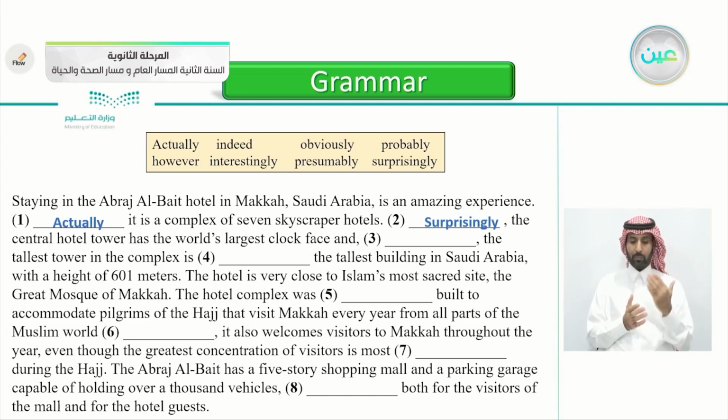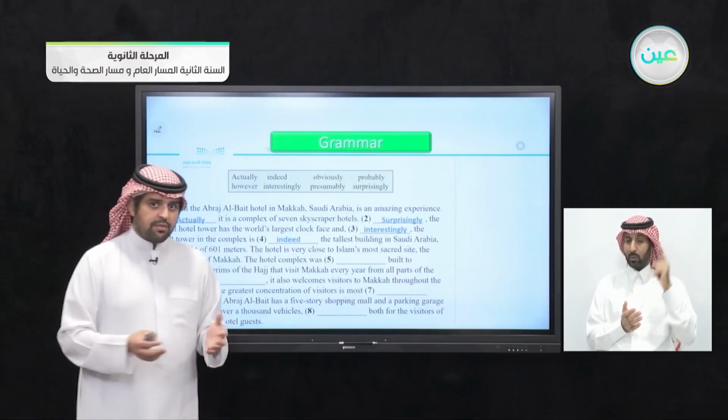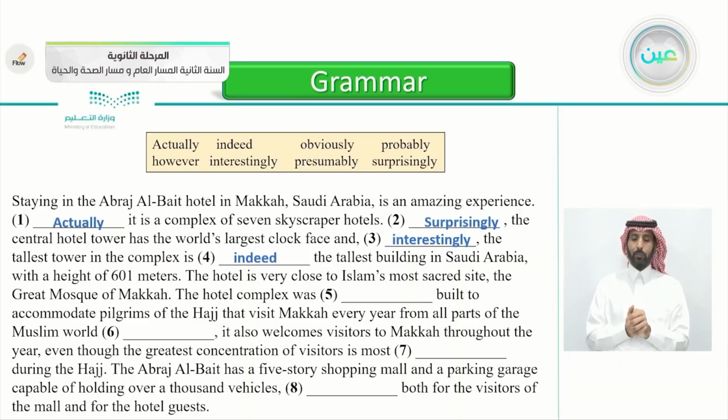Interestingly, the tallest tower in the complex is very good. Indeed, the tallest building in Saudi Arabia. So indeed, you say it when you are sure of something. Indeed, the tallest building in Saudi Arabia.